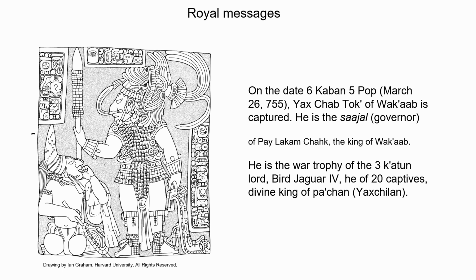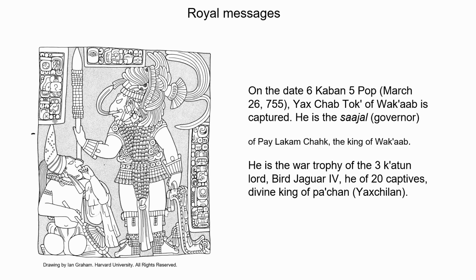So it's like a telegram. On the date 6 Kaban 5 Pop, which corresponds to March 26, 755, Yaxha Tok of Wakab is captured. This is the verb here. He is the Sahal, governor, Sahal of Haila Kamchak, the king of Wakab.